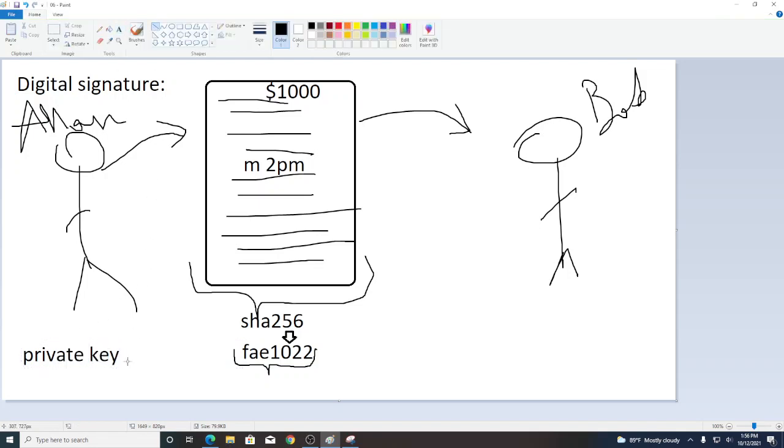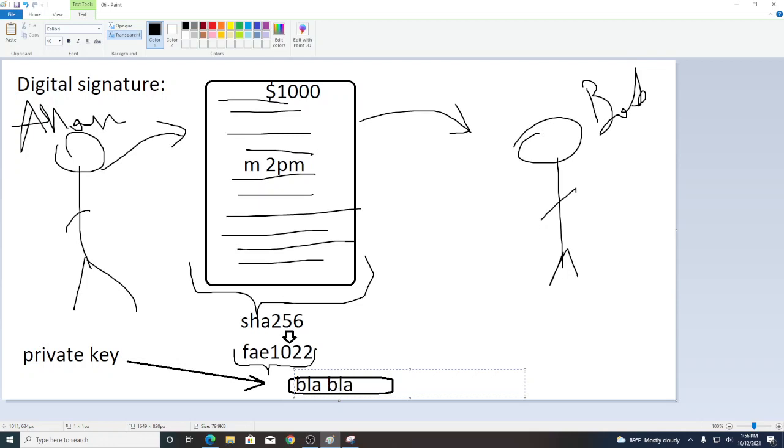So using my private key, I'm going to encrypt the hash, and encryption is going to give me something completely different. So whatever it is, let me just write something here.